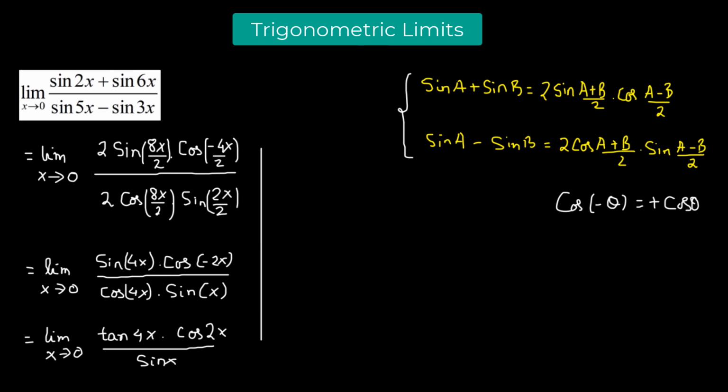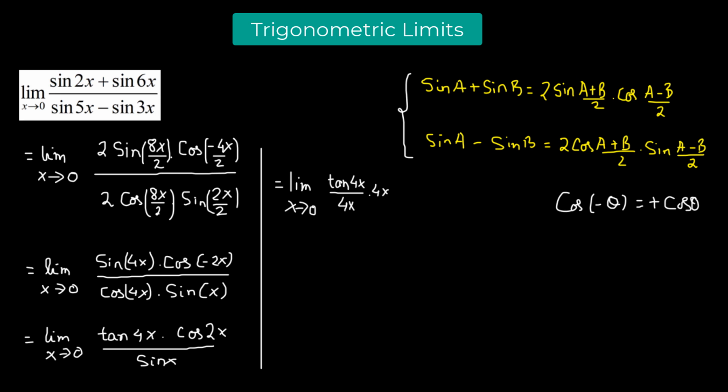So now what we can do is first determine the limit. Let's rewrite it. Before calculating the limit, we have tangent of 4x. We're going to divide it by 4x and then multiply it with 4x.